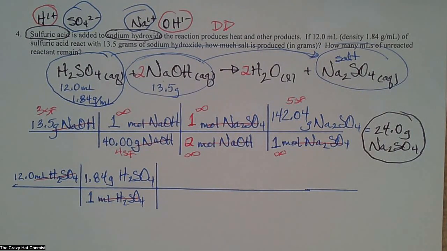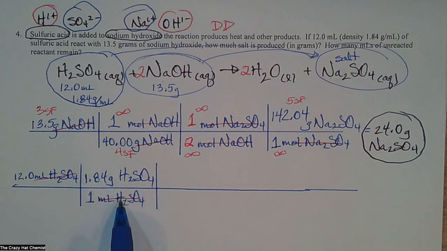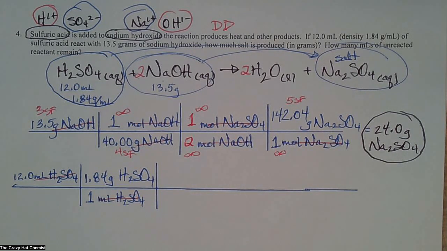So right now I am starting off with grams of H2SO4, just like I started off with grams of sodium hydroxide, except I used the density to go from the volume to a mass using this density right here. All right. We've used density before. That was in the first unit of this whole entire year.